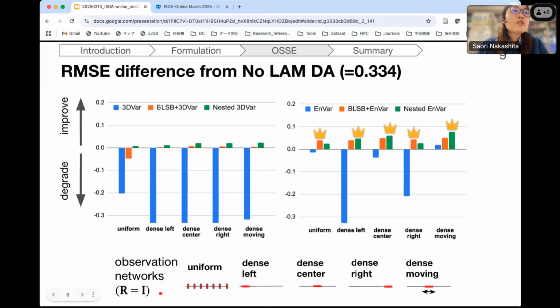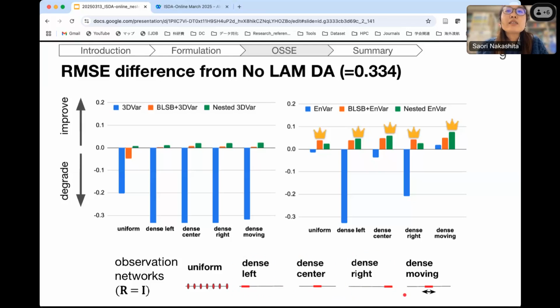And we conduct the 5 types of LAM-DA experiment with different synthetic observation networks. The first one uses the same uniform observation as GM in the LAM domain, which includes 7 evenly spaced observations. The other 3 settings put observation density in fixed 30 points at the left, center, and right of the LAM domain.